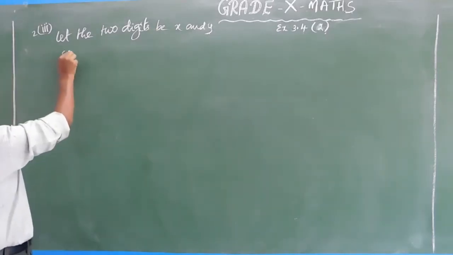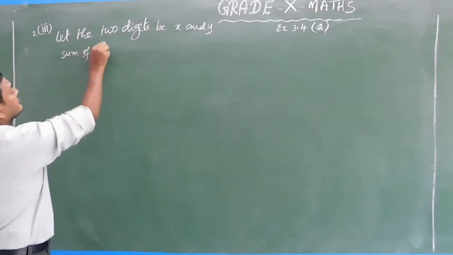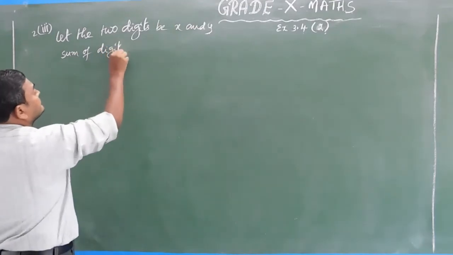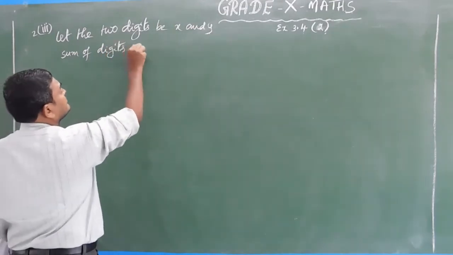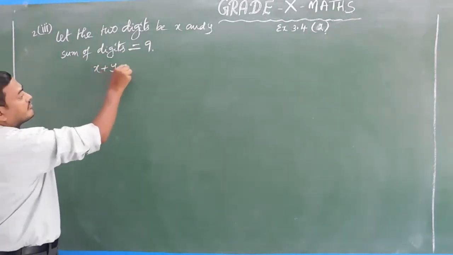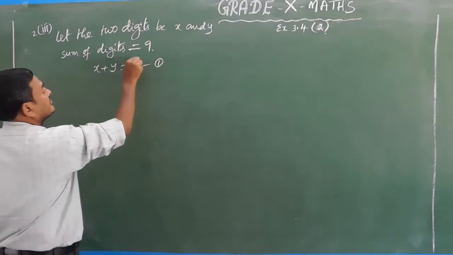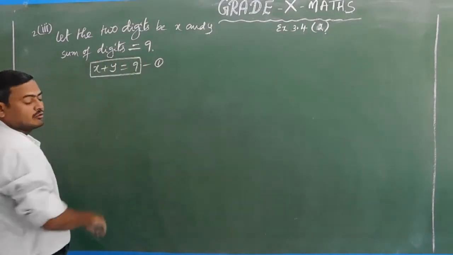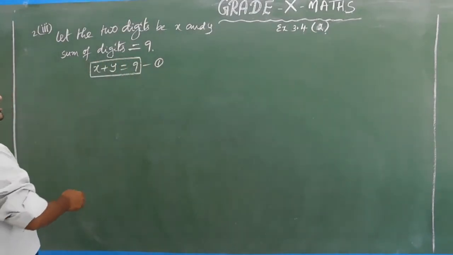Now sum of digits equal to 9. That means x plus y equal to 9. This is equation number 1.